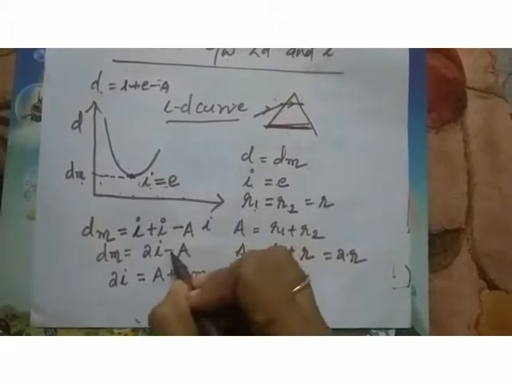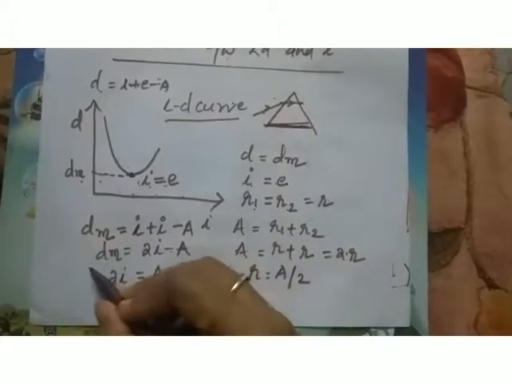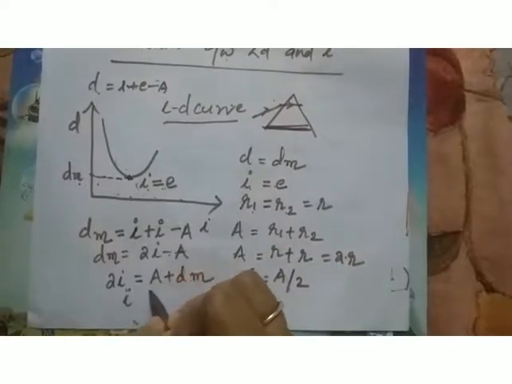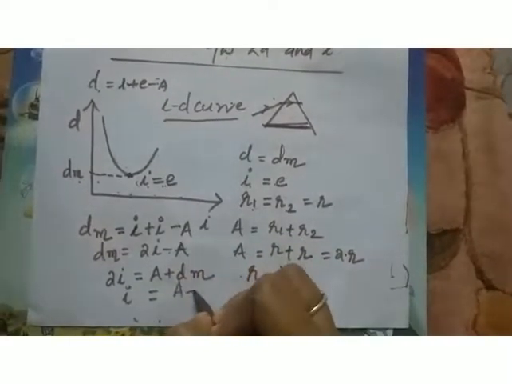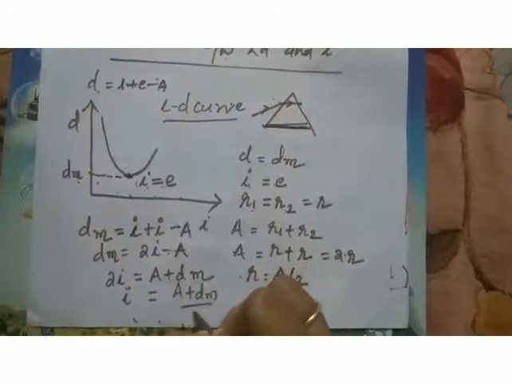Isn't it? Just take this minus A to the LHS part, so it will become plus A plus dm. Then from this, what is I? I is equal to A plus dm by 2.